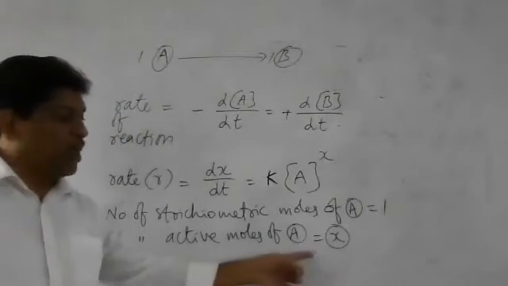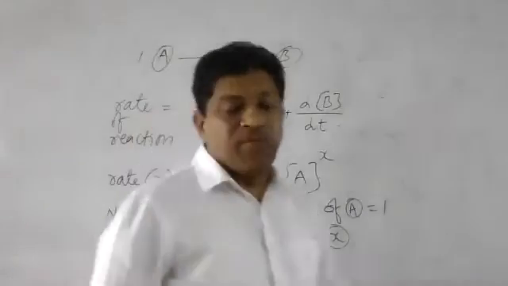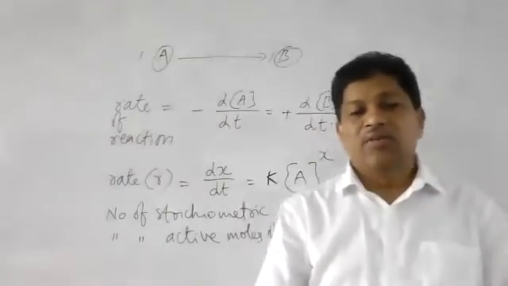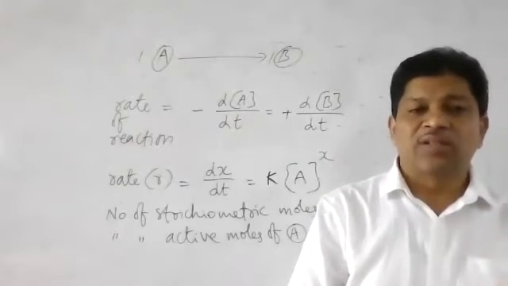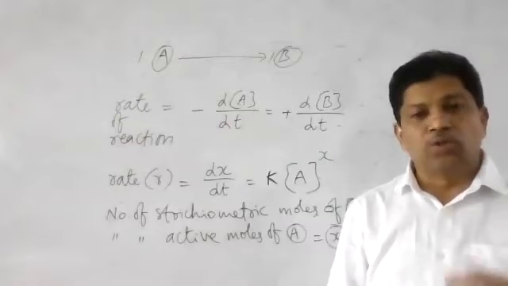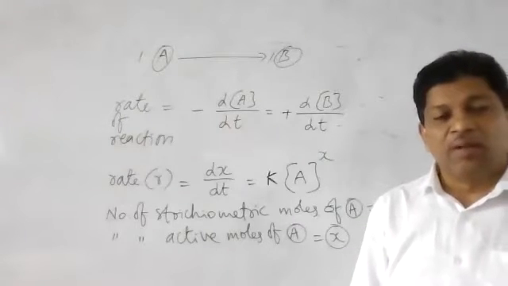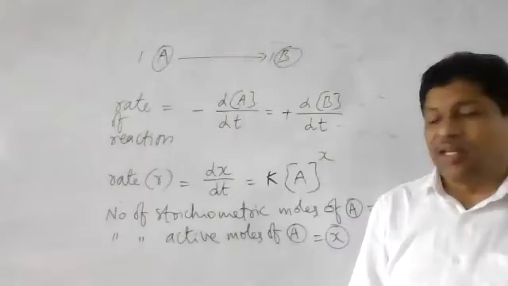Now this number of active moles will decide the order of reaction, whether it is a zero order, first order or second order reaction. We understand which order only by knowing the number of active moles, and only by experimental method can we get this x value.